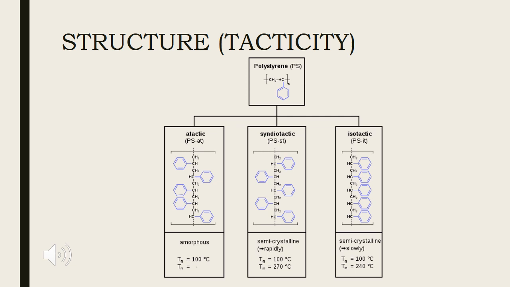Syndiotactic polystyrene can be produced by using Ziegler-Natta polymerization, with phenyl groups positioned on alternate sides of the hydrocarbon backbone. This form is highly crystalline with a melting temperature of 270 degrees centigrade.